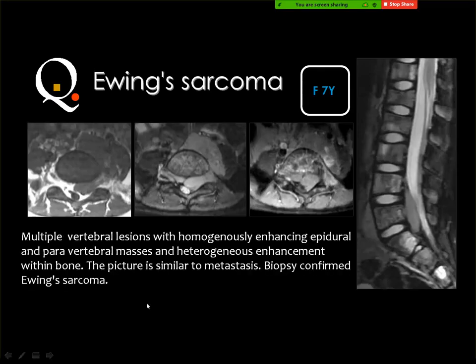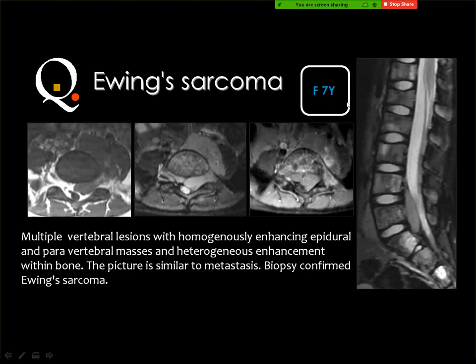Okay, the answer appeared by itself. Then you see here that there is a vertebral lesion associated with extraosseous soft tissue component, both in the prevertebral area as well as inside the spinal canal.